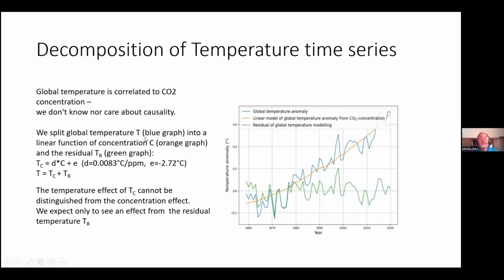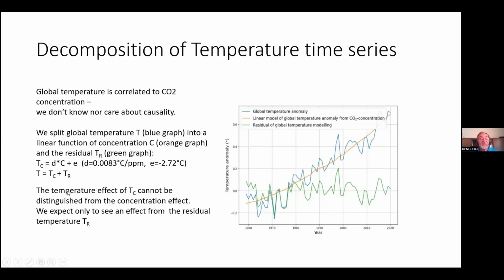But we split the global temperature into a linear function of concentration, the part which is correlated, and a part which is not correlated, the residual. We have the correlated part, which is again a linear function of concentration, and the total temperature is the sum of the correlated part and the non-correlated part.